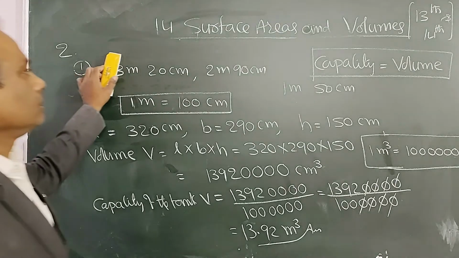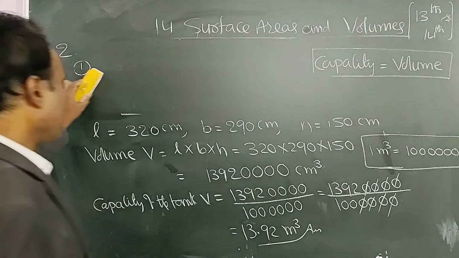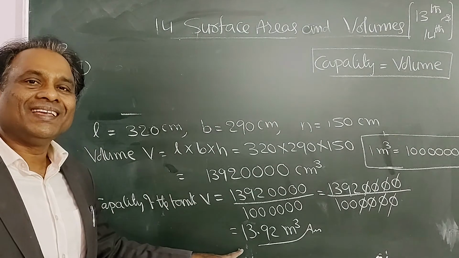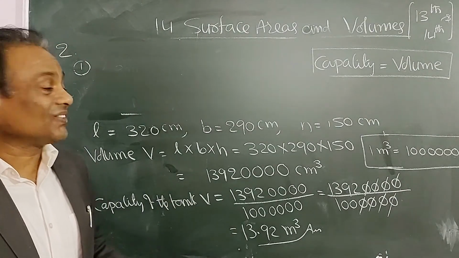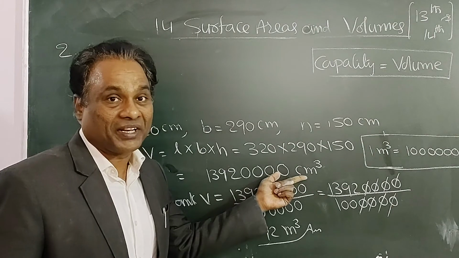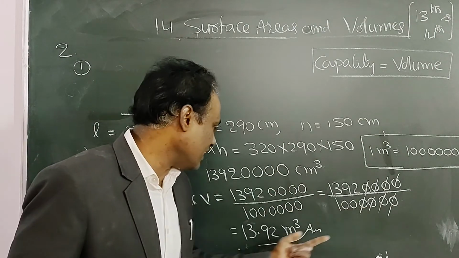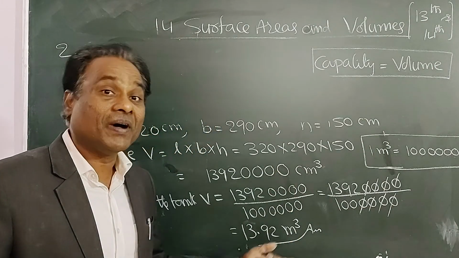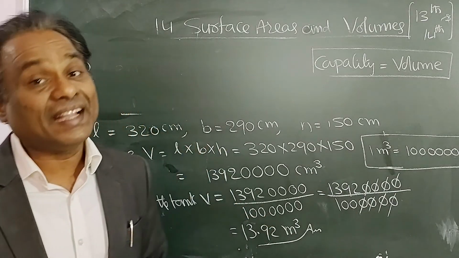But again the question asks for liters also. First we got the answer in centimeter cube. Dividing by 10 lakhs, we got the answer in meter cube. But again we are asked to find it in liters.